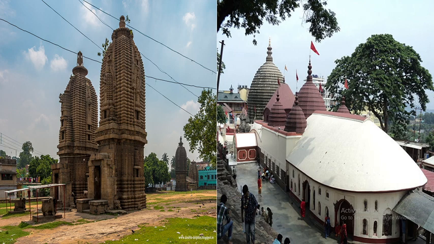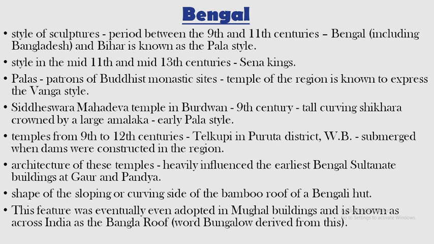Many of the temples built from the 9th to 12th centuries in Bengal were located at Telkupi in Purulia district of West Bengal. They were submerged when dams were constructed in the region. The architecture of these temples heavily influenced the earliest Bengal Sultanate buildings at Gaur and Pandua.